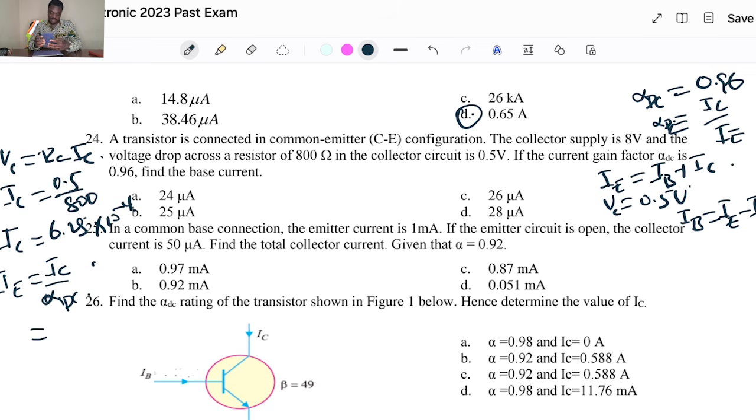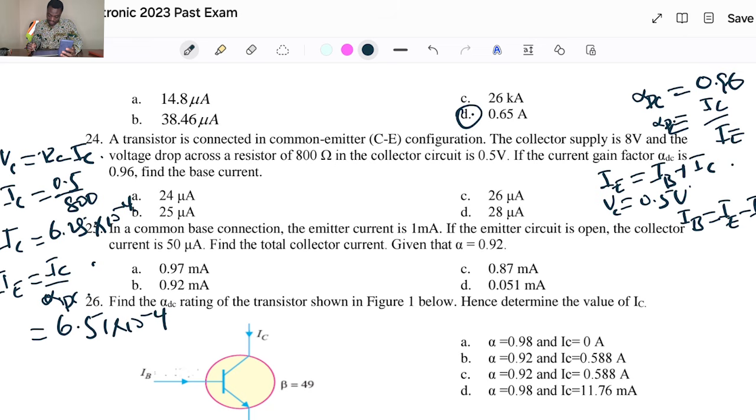We know this to be 0.5 divided by 800, now divided by 0.96. So we get 6.51, that is 6.51 times 10 to the power minus 4.